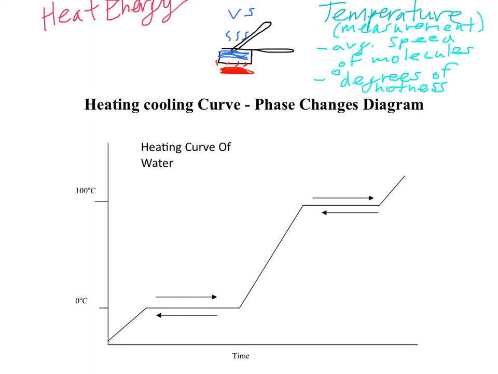So heat energy, also called thermal energy, is a type of kinetic energy. So it's an energy of motion, and that is a quantity of hotness.